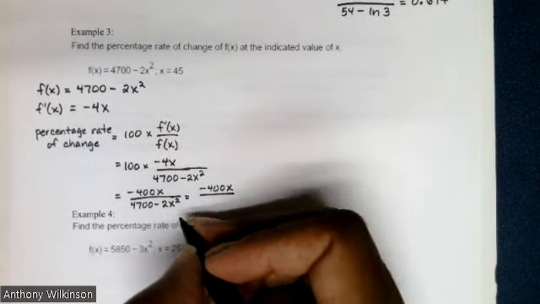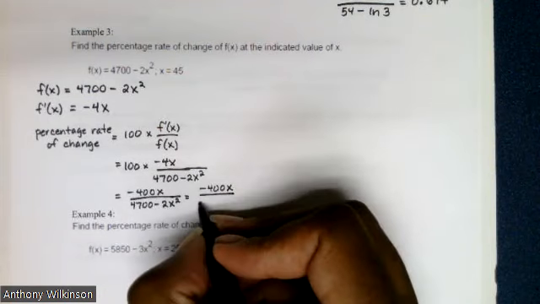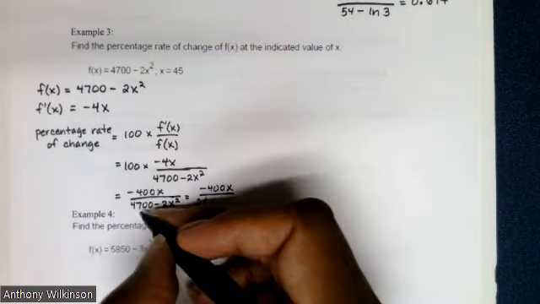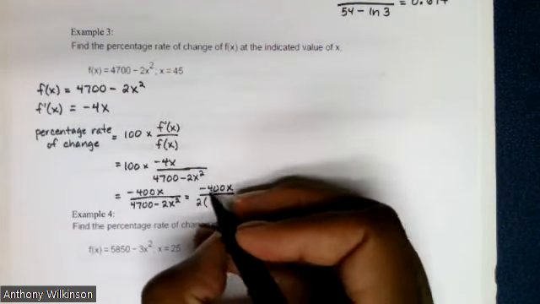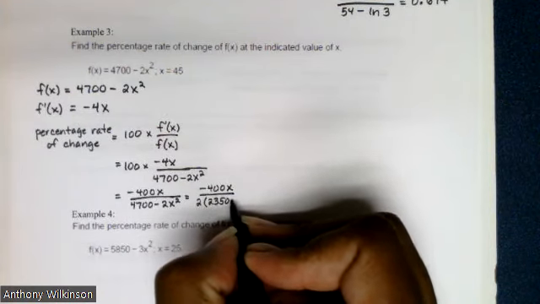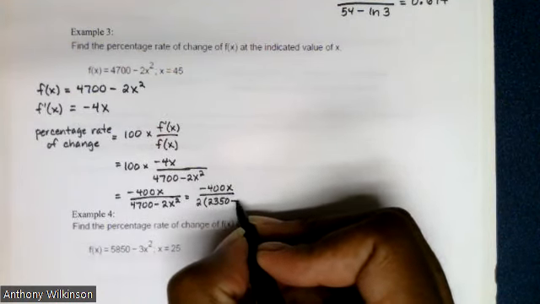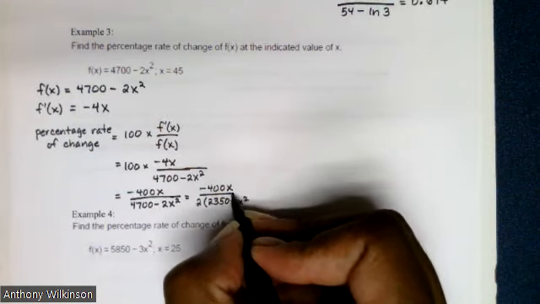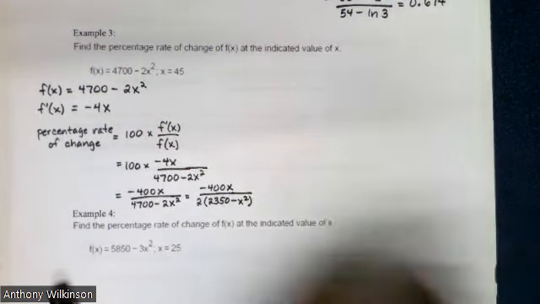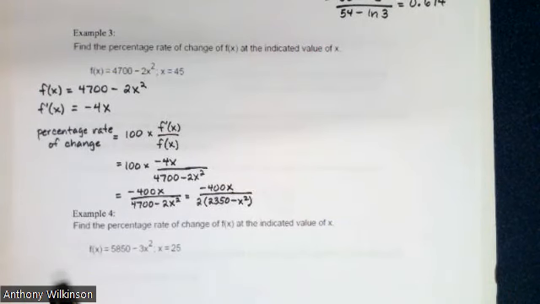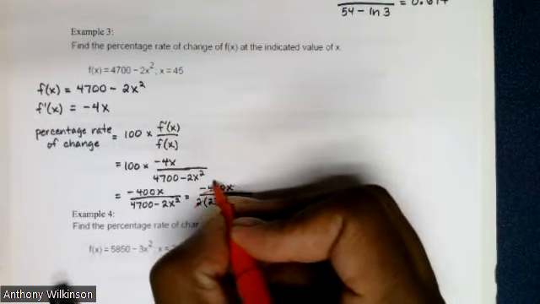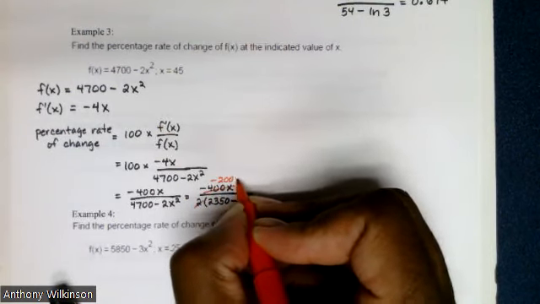Let's see. In the denominator, I got 4,700 minus 2x squared. If I factor out a 2 in the denominator, so here 4,700 divided by 2 would be 2,350 minus 2x squared divided by 2 would just be x squared. And then if I simplify this a bit, divide 2 into negative 400x, that would be negative 200x.